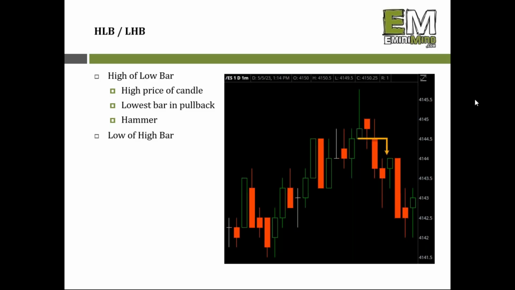By default, the highest bar is going to be the most optimal point for the reversal, and the lowest bar in the pullback, just by the wording, is going to give you the lowest entry price into the resumption of that new trend. So if you're looking to short, you're looking for the low price of the highest bar in the pullback, looking for that inverted hammer to go short, and then the hammer to go long.